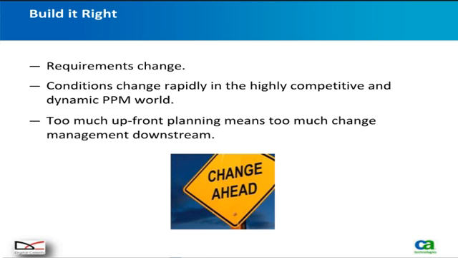Sure. Let me delve a little more into each of those. Building it right is about building the right things, building the right features, and that's a key component of Agile. Requirements change and conditions change. Rather than doing all your upfront planning, getting into a commitment of what you're going to deliver, and then into a change request cycle to make changes, which gets more and more costly as you move downstream in the development life cycle, Agile lets you adapt and change as you go.